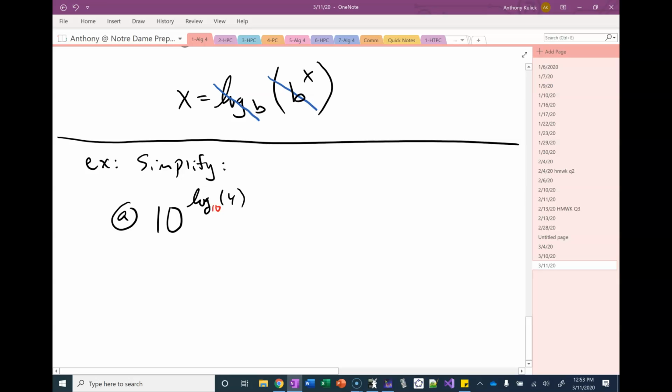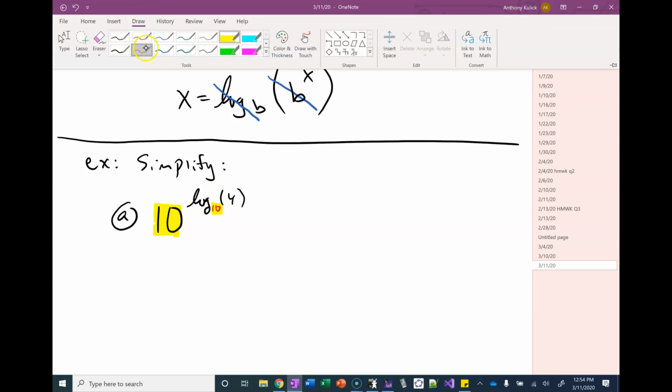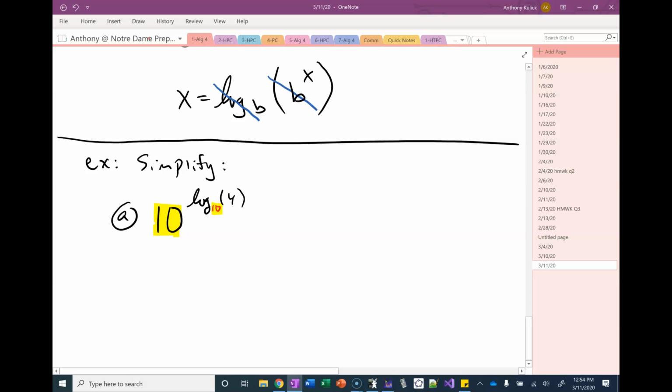So good. What can we do now? Because my exponent base matches my logarithm base, what's going to happen?